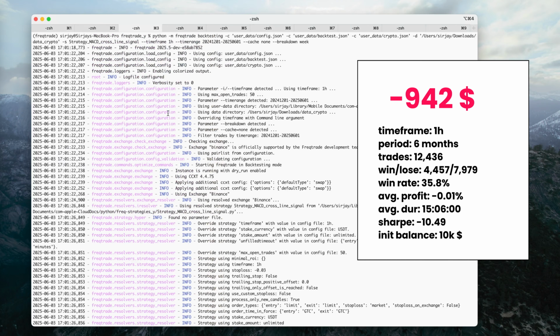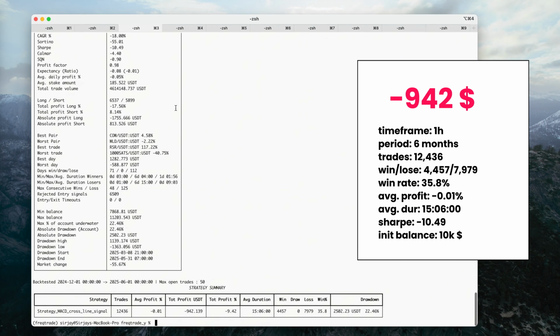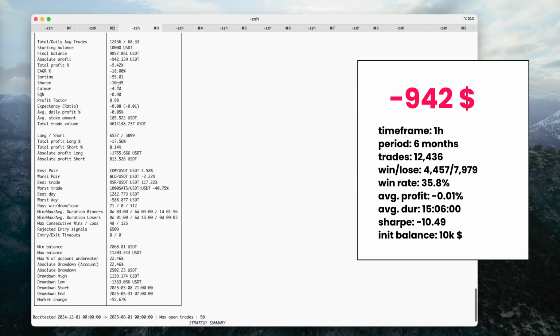Next is 1 hour for the last 6 months. Now we got negative profit, minus 900, a quite small win rate for long and short, also not so pretty statistics. Sharpe is negative.